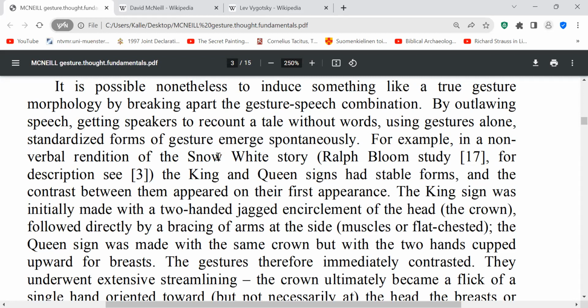Getting speakers to recount a tale without words, using gestures alone, standardized forms of gesture emerge spontaneously.